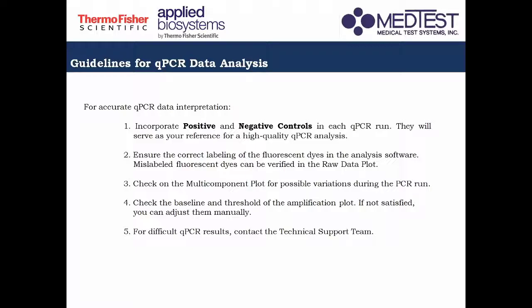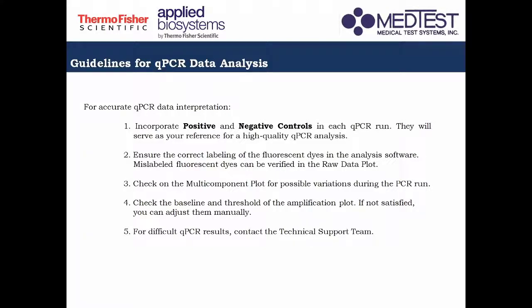Next is to check the baseline and threshold of the amplification plot. If you are not satisfied with your baselining, kasi for our software, the design and analysis software, which comes with your Quant Studio 5, meron po tayong tinatawag na automated baselining and threshold setting.